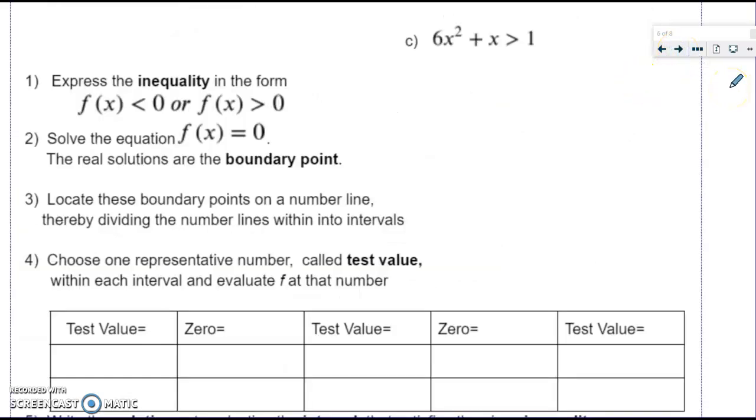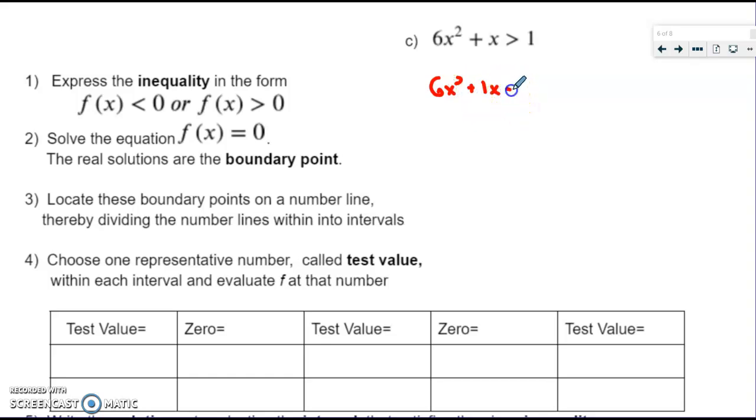So we're looking at 6x squared plus x is greater than 1. Well, my first step is I got to get one side to be 0. So I got 6x squared plus 1x minus 1 is greater than 0. It's not factored, so I'm going to have to factor it. I'm going to take 6 times negative 1, which is negative 6, and I'm looking for a sum of 1. So that means I'm looking at 3 and negative 2.